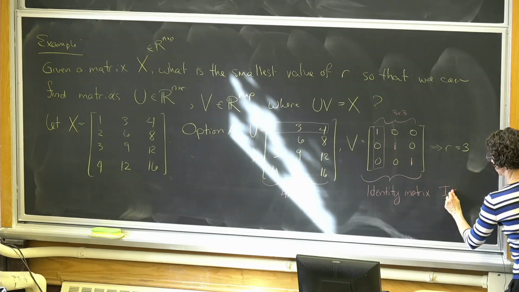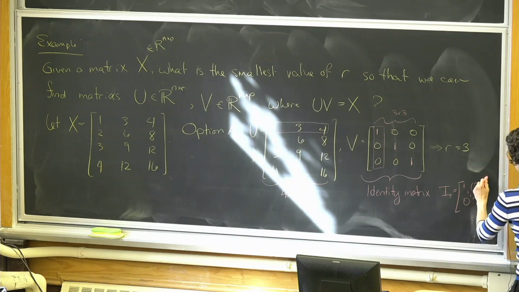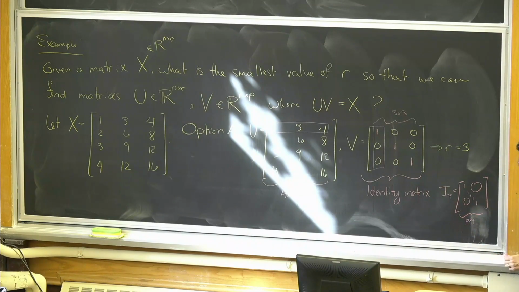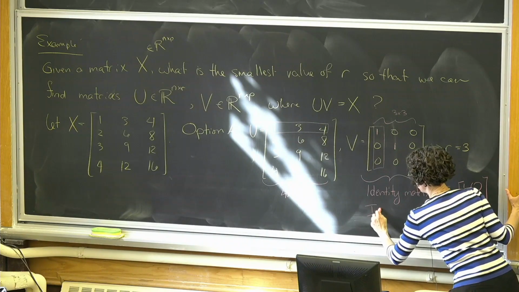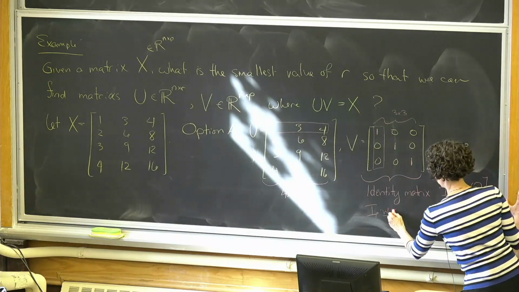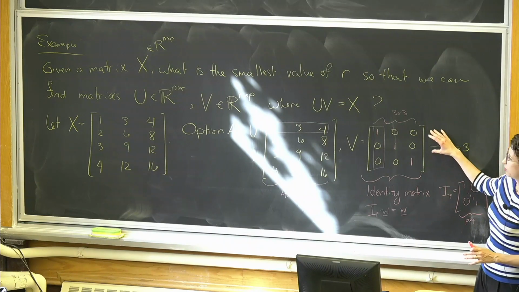So I_P is going to have P different ones, and everything else in the matrix is 0. If I were to write I_P and multiply it times a vector, let's say W with P entries, it's going to be W. So it's an identity because anytime I multiply it by a vector, I just get that vector back out. So an important notion to know. They're not super relevant to this problem.